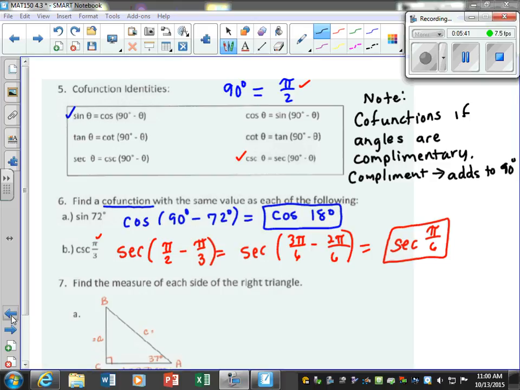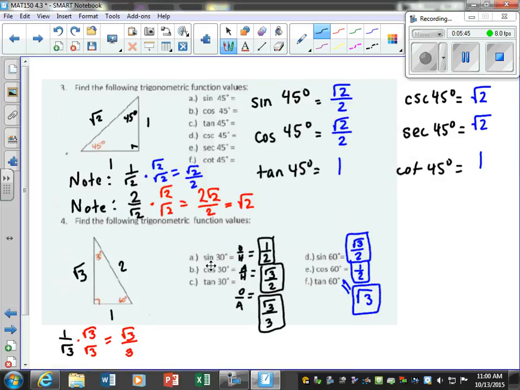Now let's flip back to the previous page. We can see that the sine of 30 and the cosine of 60, so let me draw an arrow, these two right here are complements of one another, right? Because the sine of 30, cosine of 60, what's 30 plus 60? 90. We can see that when you evaluate those trig functions at cofunctions, their solutions are the same, right?